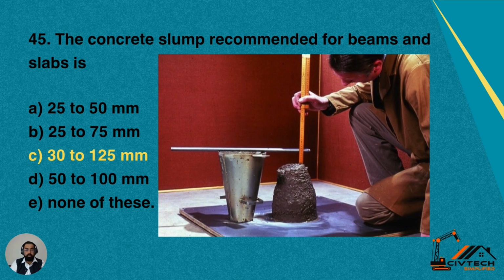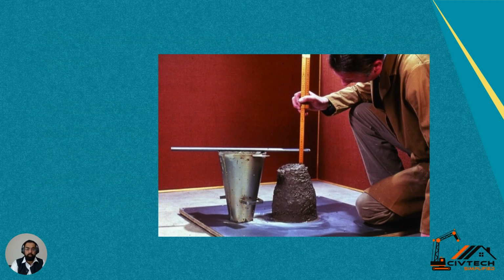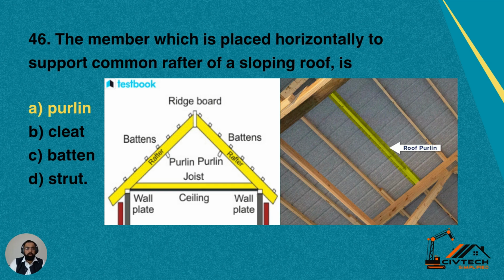So this is the range normally recommended for beam and slab for the slump test. We already know that slump is a test to judge the workability of the concrete. As I say, you can refer to my previous video for details.